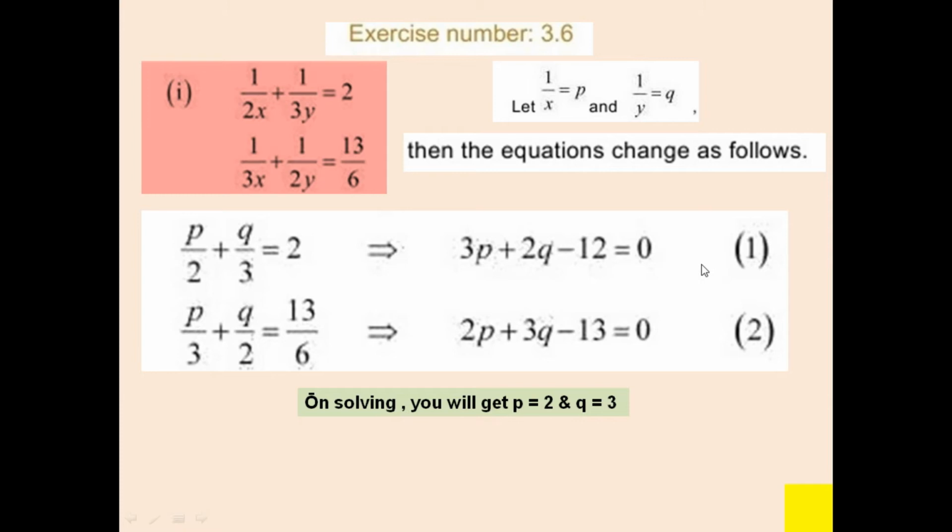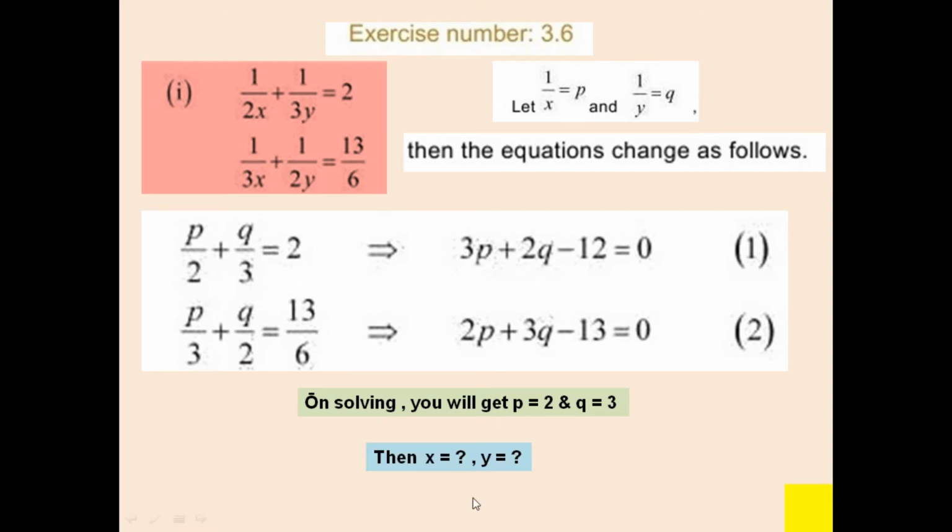I would multiply this equation with 2, multiply this equation with 3. So this equation becomes 6p plus 4q minus 24 equal to 0. This will become 6p plus 9q minus 39 equal to 0. And then I will subtract the equations and I'll get the value of q as 3. Then I substitute the value of q here and get the value of p.